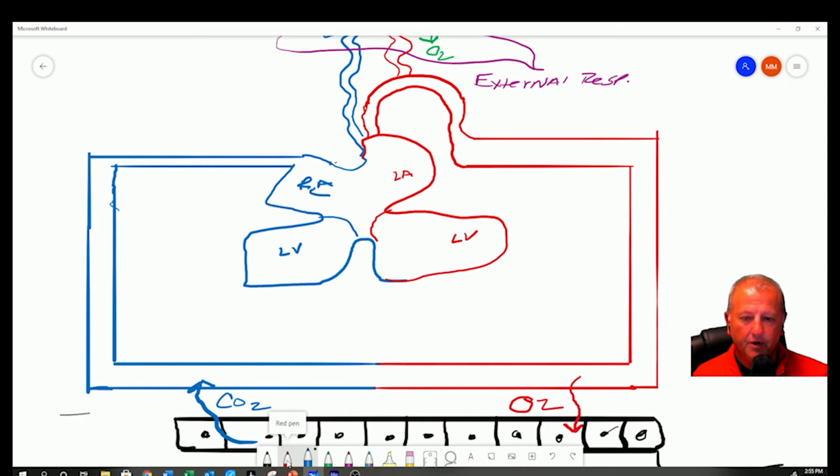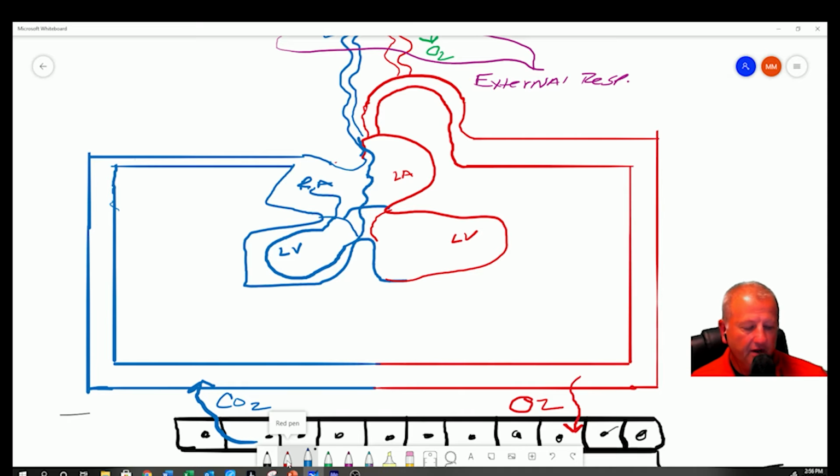We're going to go through the tricuspid valve. And then we're going to go down here to the left ventricle. We make our way around the left ventricle, and we're going to climb up here to the pulmonary valve and to the pulmonary arteries.